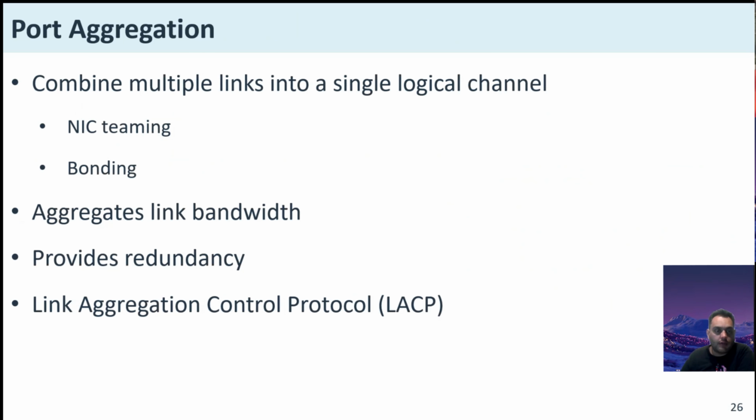Get on to our next slide. Port aggregation. Port aggregation means combining 2 or more separate cabled links into a single logical channel. From the host end, this can be called NIC teaming. The term bonding is widely substituted for aggregation. For example, a single network adapter and cable segment might support 1 gigabit.